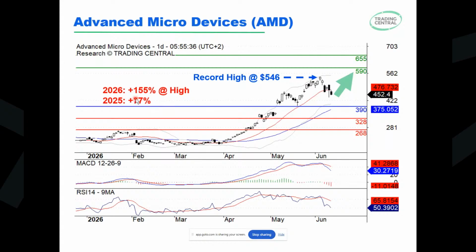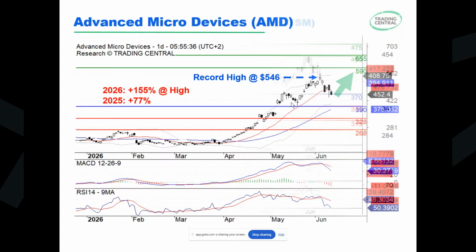This year, in less than 6 months, at its high, just several sessions ago, at $546, it was up 155% from the start of the year. So we always say that we watch AMD as if it will be the second big brother in the chip stocks. Okay, let's see.